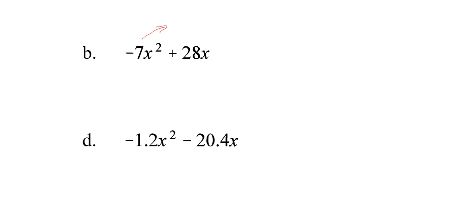Since we're pulling off ax, let's do that for this one. So a in our equation is going to be negative 7, and x is the variable that we pulled off.